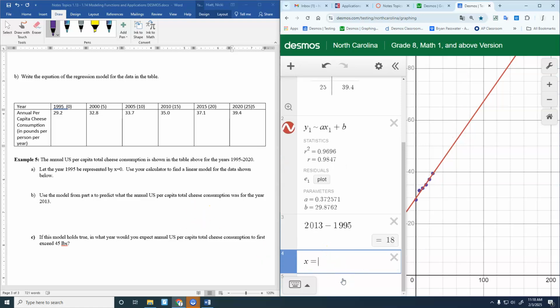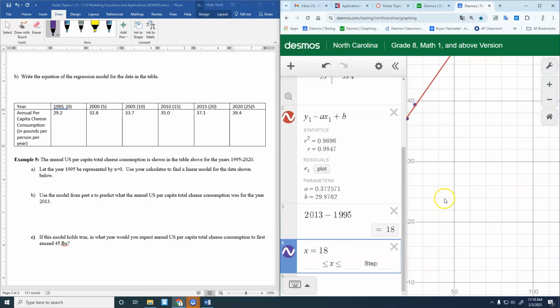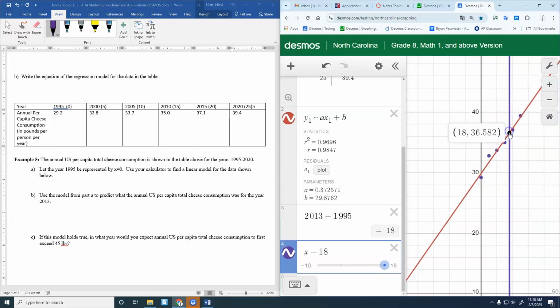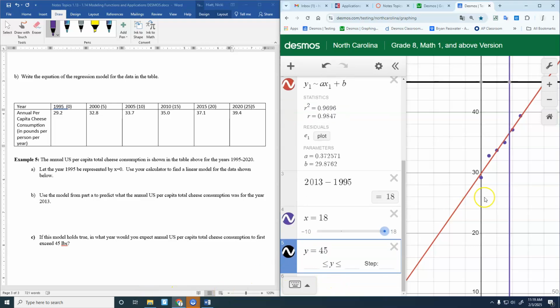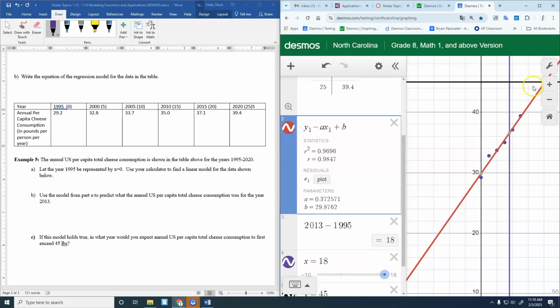So I would do x equals 18. And then if I look at that, it crosses right here. So I'd get 36.582 for that. And then if we want to know the year for cheese consumption of 45, we would type in y equals 45 for that, and we would look over there.